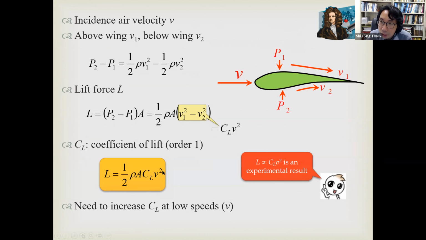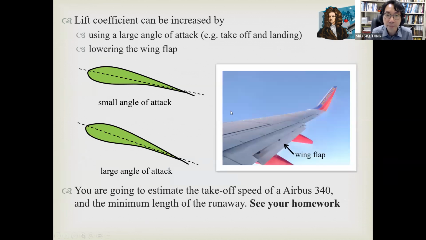Now, if the velocity of air is low, if the airplane is flying slow, then you have to find methods to increase the coefficient of lift in order for the lift force to be enough to lift the whole plane. So how do we do that? People have two methods to increase the lift coefficient.